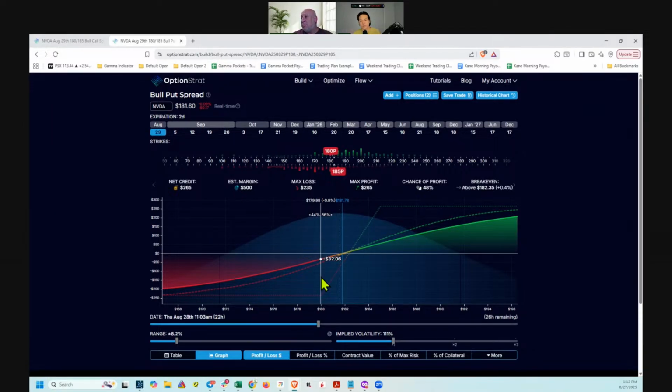Mathematically, you're doing the exact same thing. There is zero advantage for you to do the credit or the debit spread if that's how you're looking at it. There is advantage in being able to structure your spread appropriately to capture the idea that you want, but simply saying, hey, I'm going to do a credit spread because it's high IV or a debit spread because it's low IV, it's not going to help you.